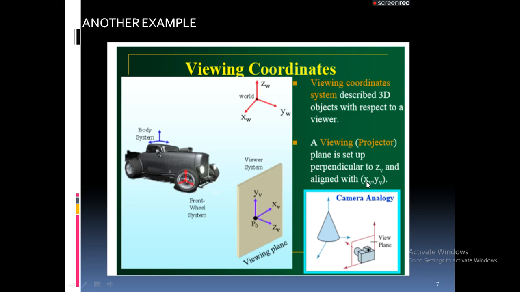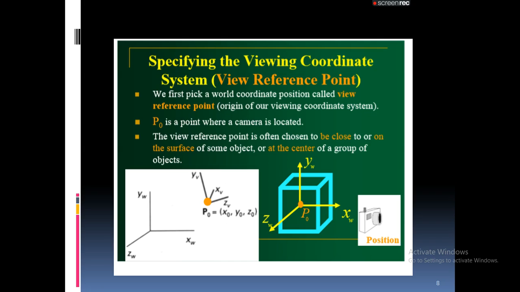You can align it in three different ways also, but with respect to this example, I can place our projection plane parallel to the XY plane. Then also we can project our three-dimensional object on a two-dimensional projection plane. This is one example.